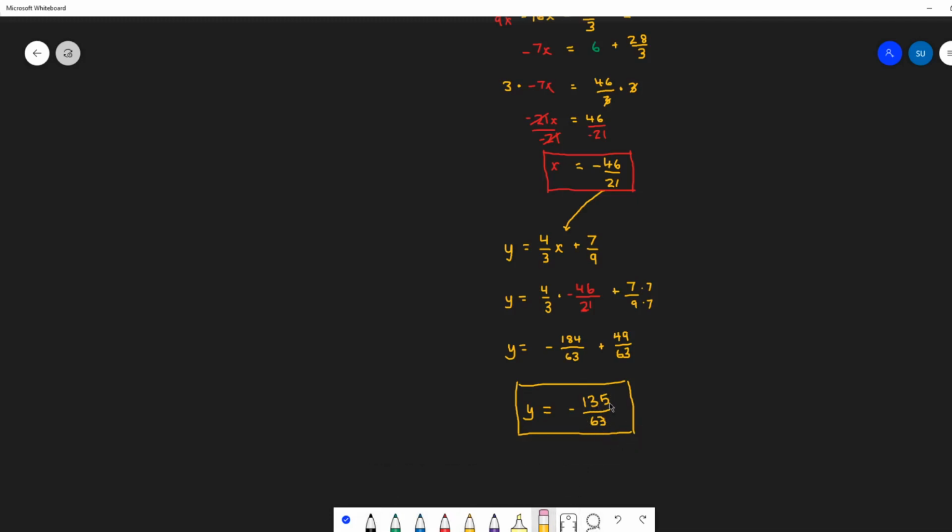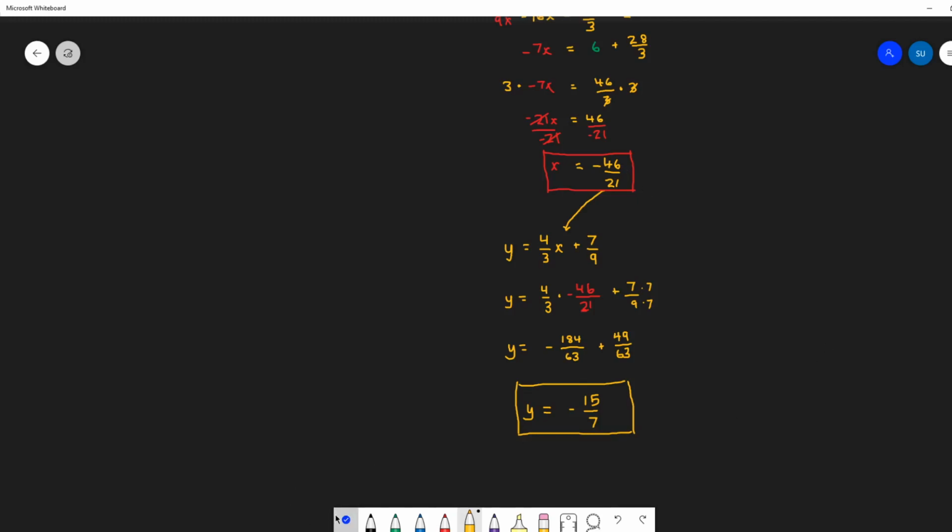So that is our y value. Negative 15 over 7. Okay. The x value shouldn't be able to be broken down, because 46 is not divisible by 3, nor is it divisible by 7, right? Yeah, no, it's not.